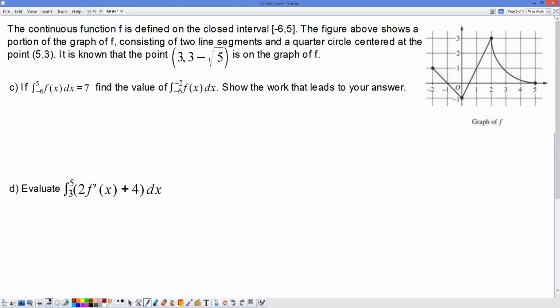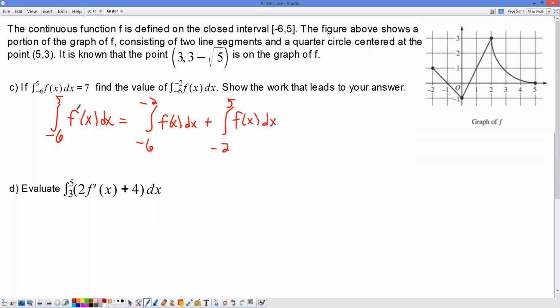For this first part, we need to remember some of our rules. The integral from -6 to 5 of f of x dx should be equal to the integral we're looking for, which is the integral from -6 to -2 of f of x dx, plus the integral from -2 to 5 of f of x dx.